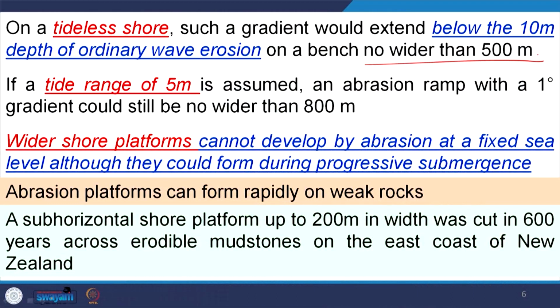So, abrasion platforms can form rapidly on weak rock, that is very important. Weak rocks create abrasion platforms very rapidly. A subhorizontal shore platform up to 200 meters wide was cut in 600 years across erodible mudstones on the east coast of New Zealand. In this example, mudstone is a weak rock.